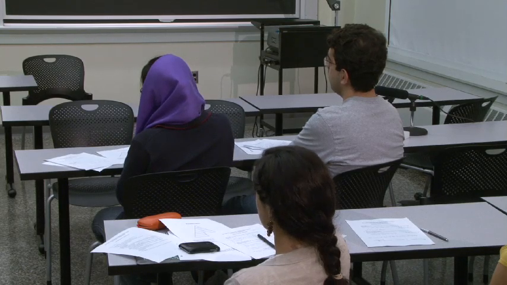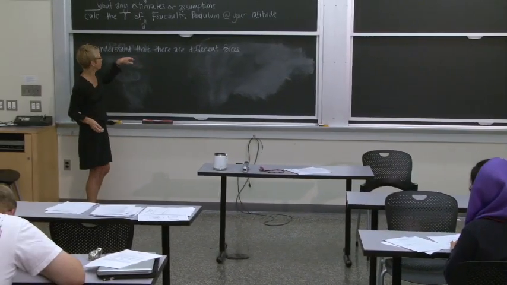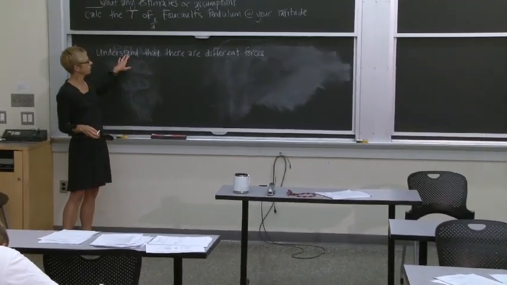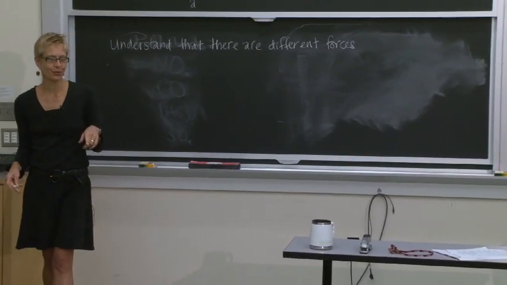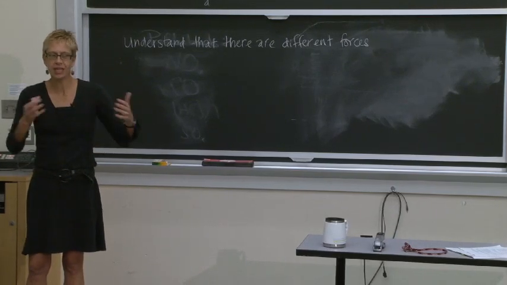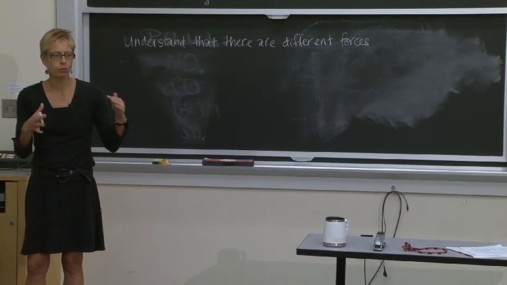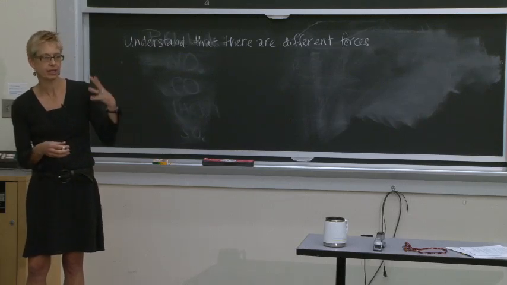So understand that there are different forces. Yeah, for example, gravity. No, I understand. That's actually a kind of tall order, I think, depending on how old the kids are. Children don't necessarily think about why something's moving or why something's falling.